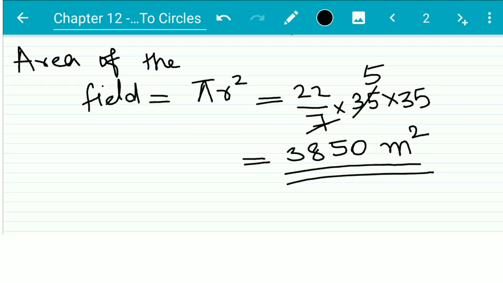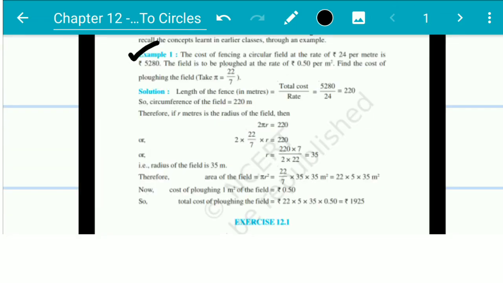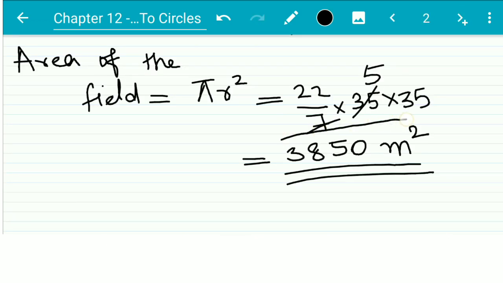Now come to the question. We found the area of the field. But what we need to find is, see here. The field is to be plowed at a rate of 0.50 per meter square. We have 3850 meter square. Per meter square cost is 0.50. So we have 3850, it will be 3850 into 0.50 meter square.